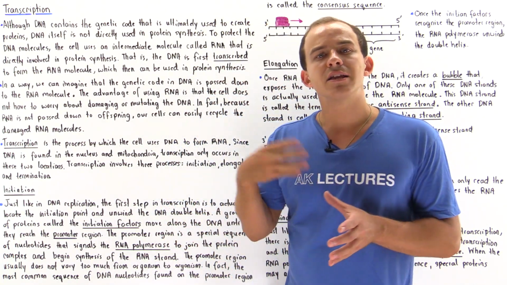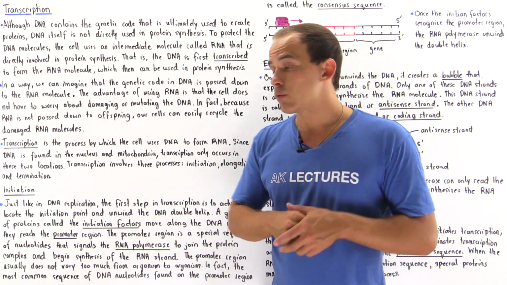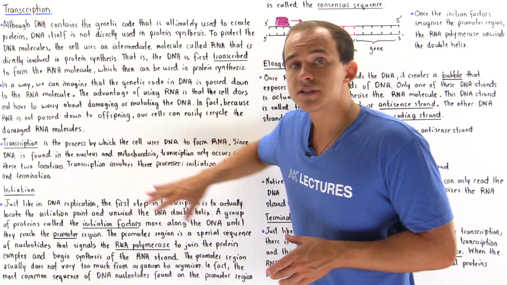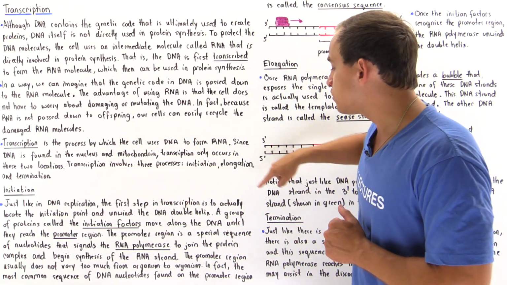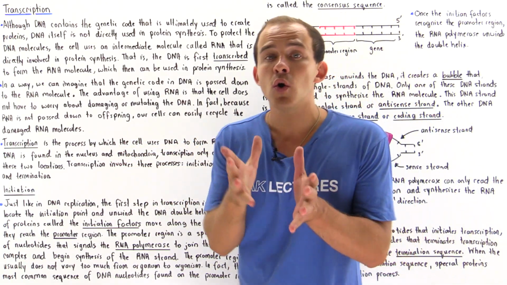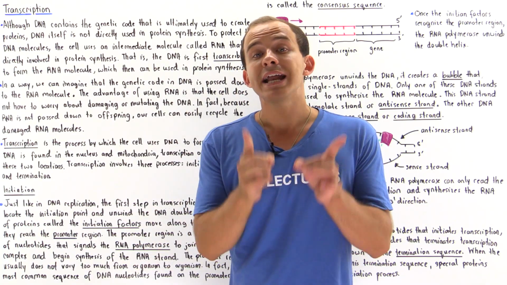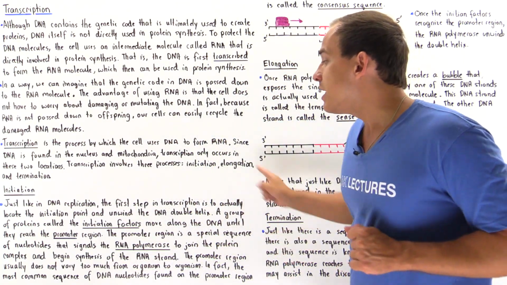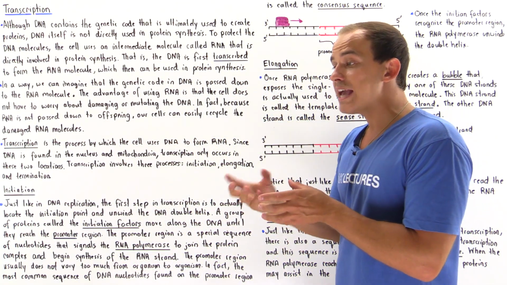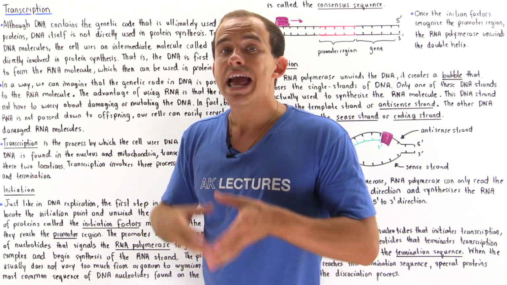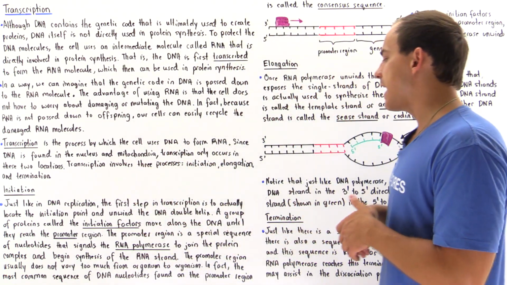Now, just like in the process of DNA replication, the first step in our transcription process is to actually find that initiation point, which is the location where we unwind our double-stranded DNA molecule.